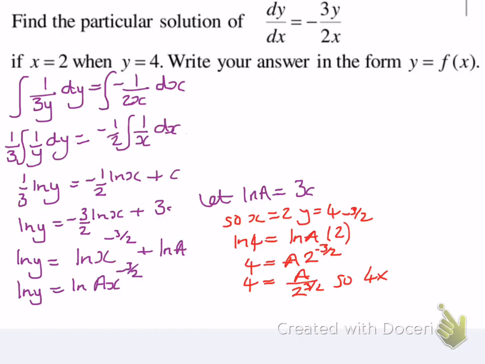So 4 times 2 to the 3 over 2 equals a. Now 4 we can write as 2 squared times 2 to the 3 over 2 equals a, which using our rules for indices means that a is equal to 2 to the 7 over 2. So I'm writing it as a power of 2.